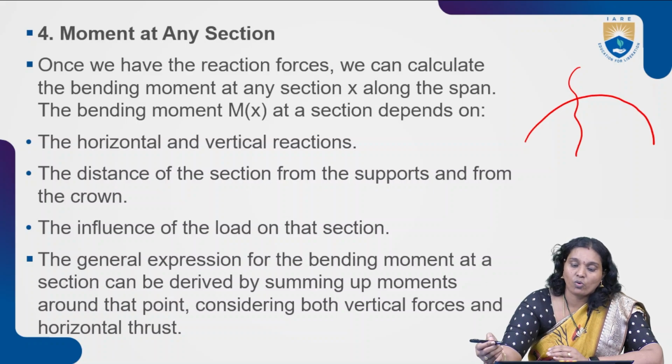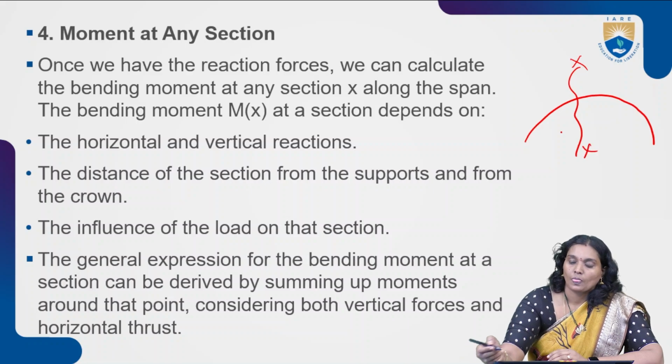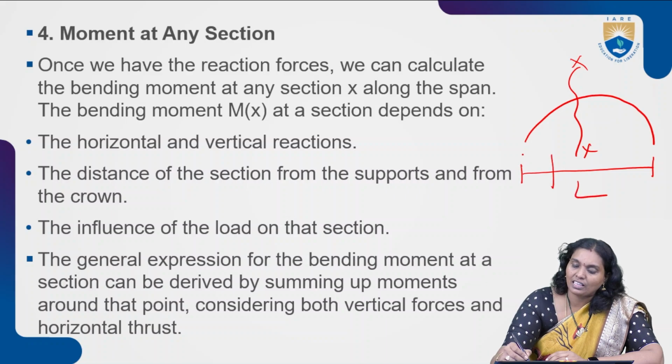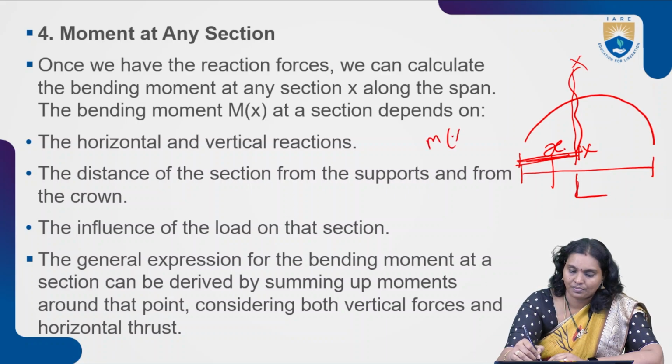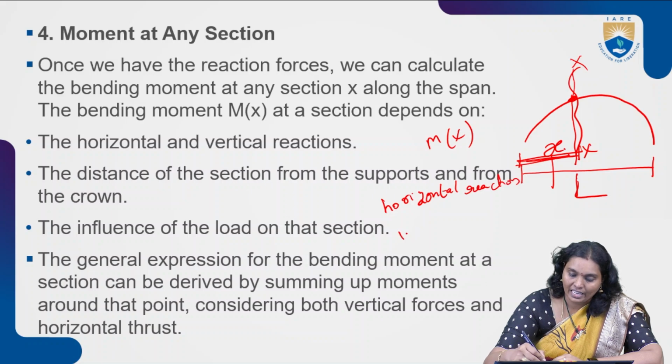Now we are going to calculate the bending moment at any section X. This is the span of the arch, L is the span, and the section we consider is at a distance X. The bending moment at section X depends upon both the horizontal reactions and the vertical reactions.